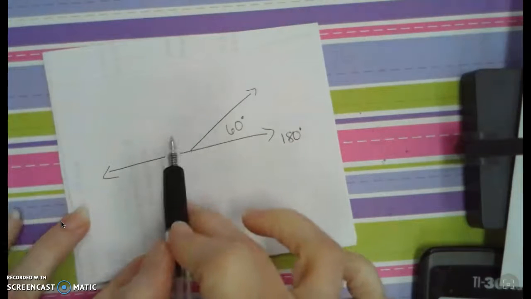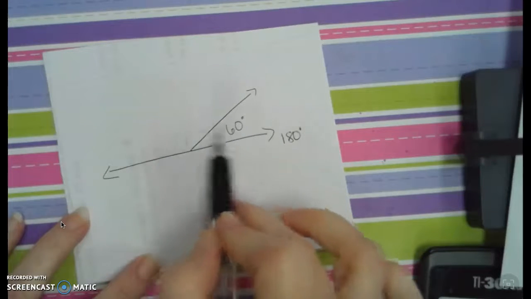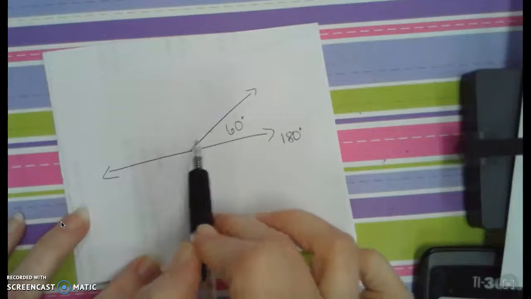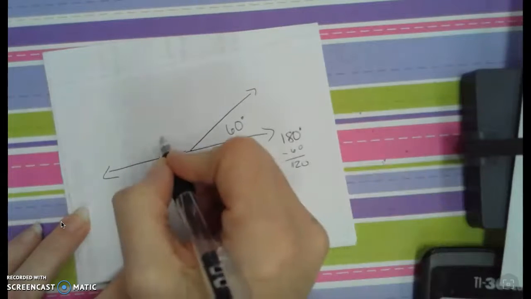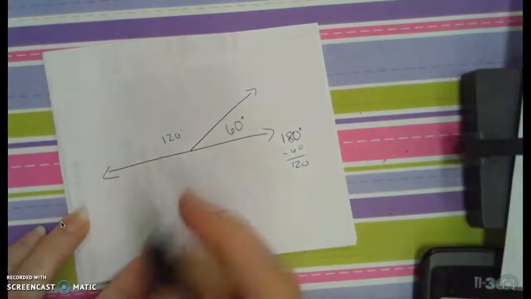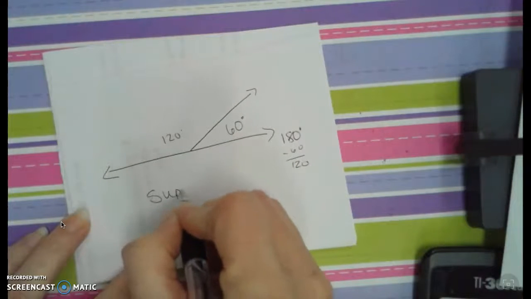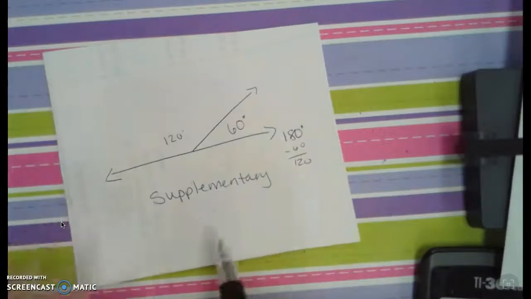Then you should be able to figure out this one because this plus this together has to equal 180. So we would take that 180 and subtract 60, and that would let us know that this angle would be 120. And the fancy name for that is supplementary. These two angles are supplementary.